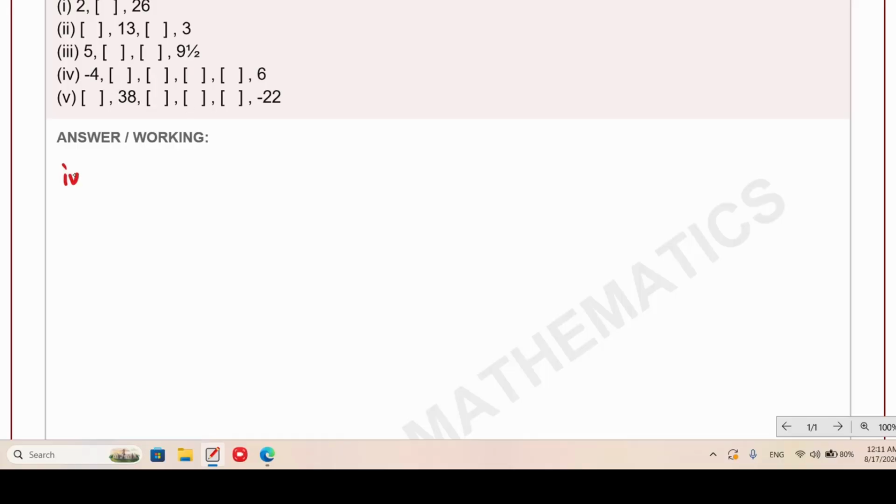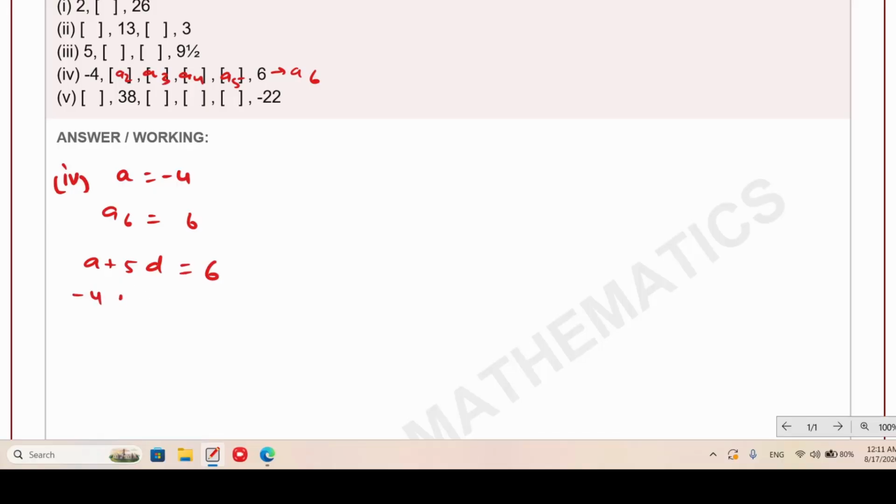Fourth. So in fourth, what is given? A is given -4, and this is A2, A3, A4, A5, and this one is A6. So A6 is equal to 6. Now A6 is A plus 5D is equal to 6.